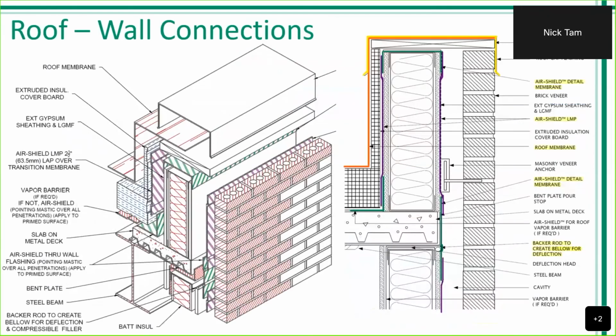And then this is just a couple of details. It may be hard to see from a computer screen, but what we like to show here is that these are good examples of the segmentation that we need for our structure. With the example on the right, we have a fluid applied membrane going on the wall, but every joint is being treated with a proper peel and stick membrane.